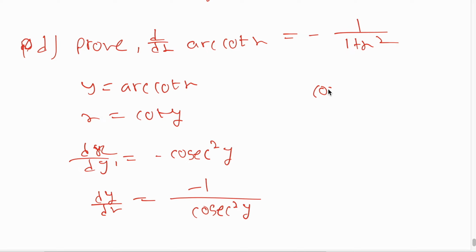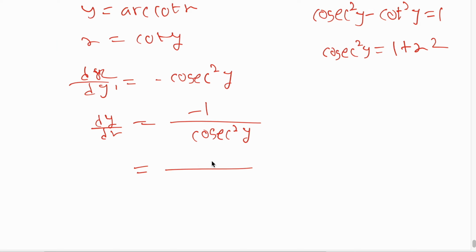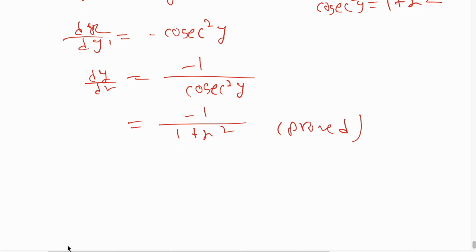Use the identity cosec square y minus cot square y equals 1, so cosec square y is equal to 1 plus cot square y, cot y is x, so cot square y is x square, that means minus 1 by 1 plus x square. Proved.